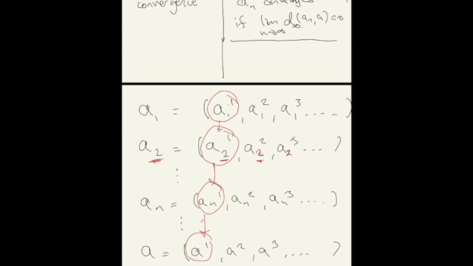So we could ask, is it true that for every i in the natural numbers, the limit as n goes to infinity of a_{n,i} is equal to a_i? So here we are taking the ith component of the element a_n, the infinite sequence a_n, and we're asking whether that converges to the ith component of the limit a.